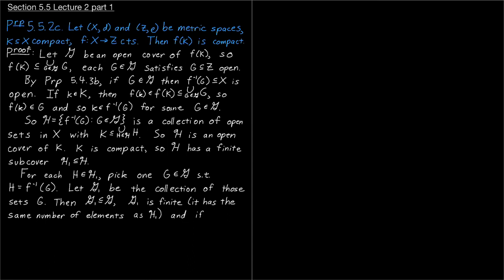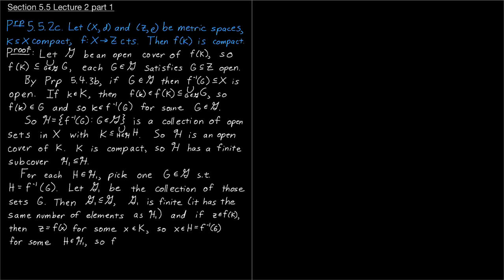And if we've got some element z in f of K, then z equals f of x for some x in K. So x is in f inverse of G. Since H1 is an open cover, x is in one of the H's, for some H in H1.